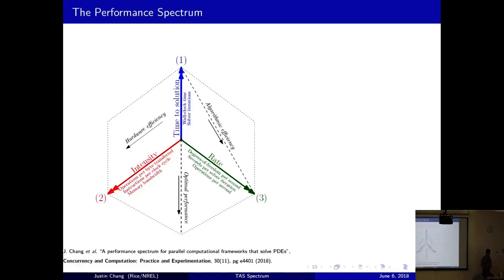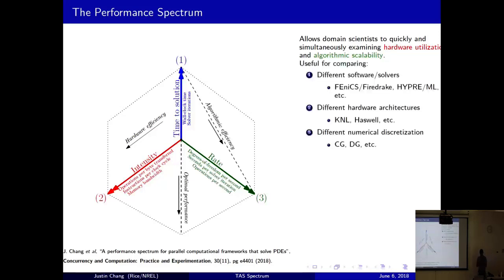And so we notice that the intensity is not really related to the time to solution, but the rate metric is very dependent on time to solution. And so this spectrum is useful for letting us look at hardware utilization and algorithmic scalability. And so three different examples here. We could look at different software solvers, like for example, PETSc and Firedrake.